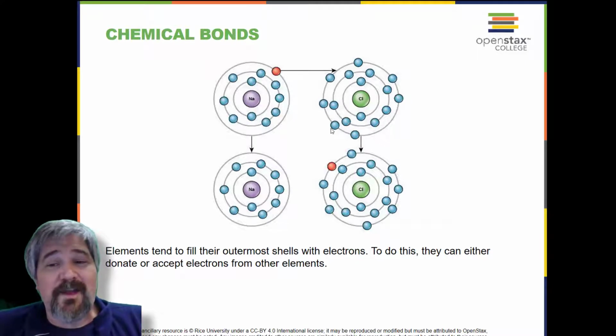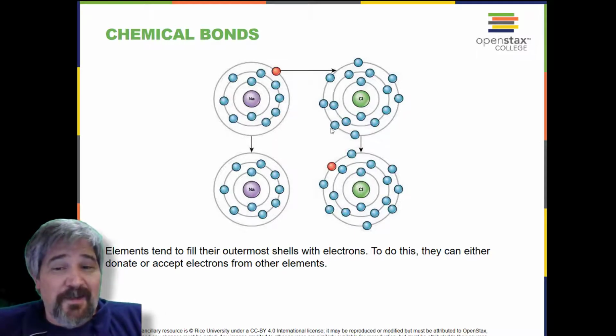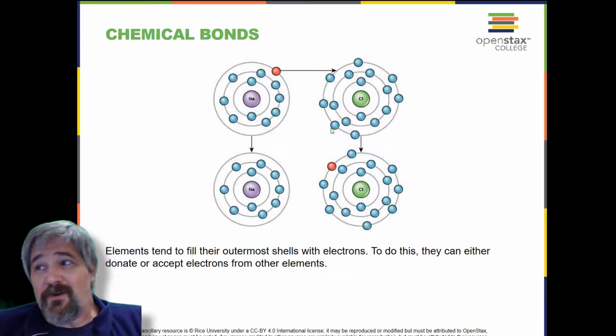Both ions now satisfy the octet rule and have complete outermost shells. Because the number of electrons is no longer equal to the number of protons, each is now an ion and has a +1 net charge for sodium, or -1 for chloride.